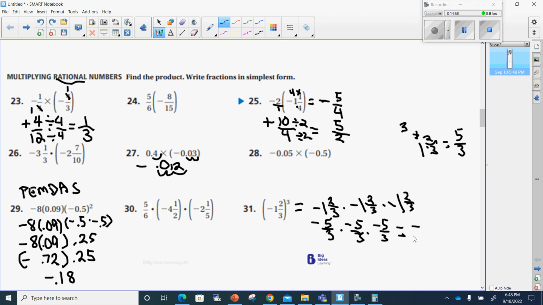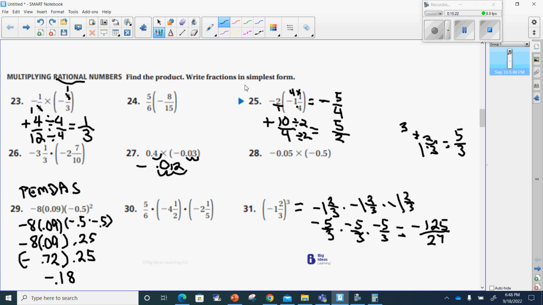So I know this is going to be a negative answer. I also know 5 times 5 is 25, and 25 times 5 is 125. I know 3 times 3 is 9, and 9 times 3 is 27. So my answer is negative 125 over 27.